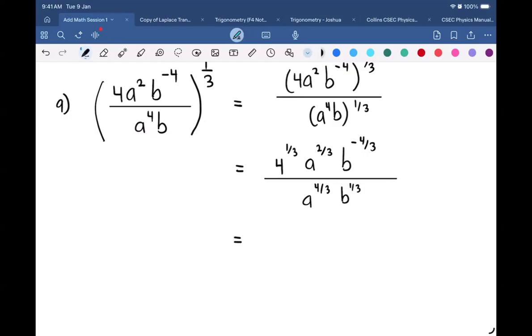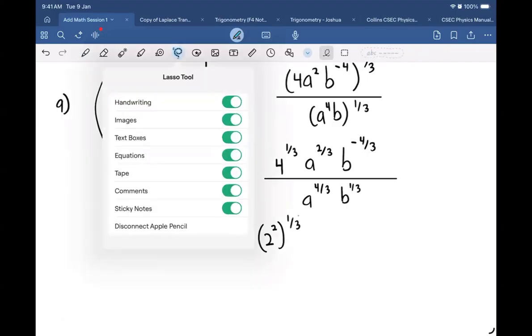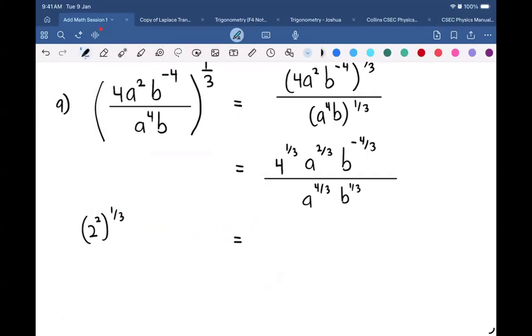All right. Now 4 to the power a third, I can write that as 2 squared. I'm going to just pull it aside and do this. If I do that, I end up with 2 to the power 2 over 3. We have a to the power 2 thirds divided by a to the power 4 over 3.